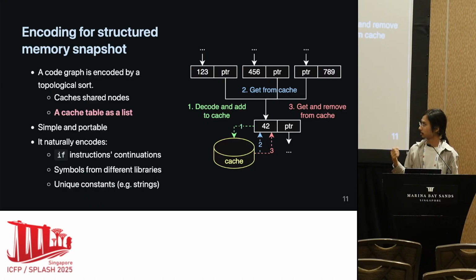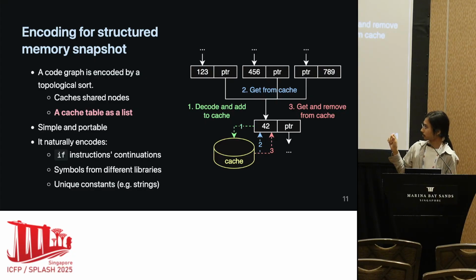and also simple. So by having this memory snapshot algorithm, we can naturally encode those shared nodes which appear in the code graph.